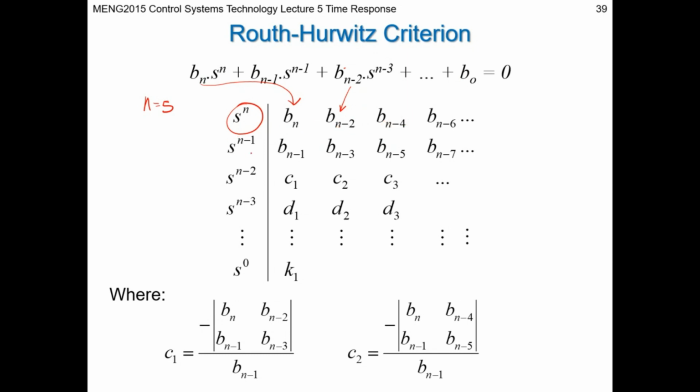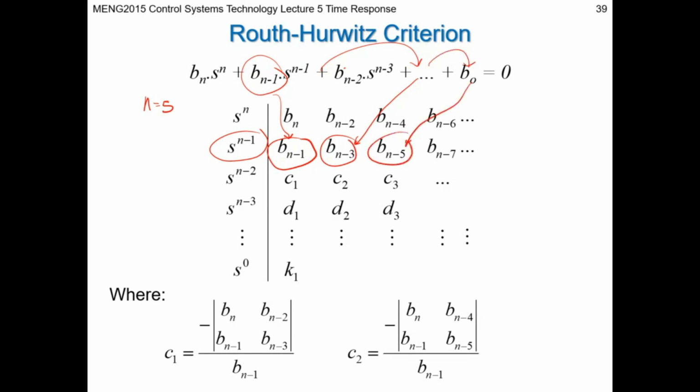Second row is basically the same thing. And now you're taking the coefficient from that term, right? So this is a coefficient from, if it's a fifth order, say it's s to the 4, then that s to the 4 coefficient comes here. Then you skip one, you take it from here, skip one, take it from here, and so on. Right?